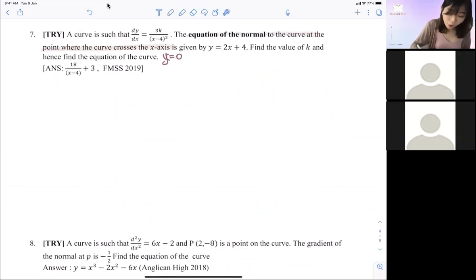So if you want to find x, the point lies on the line here, right? You can sub y equals 0 into the line. So you will get x is -2.